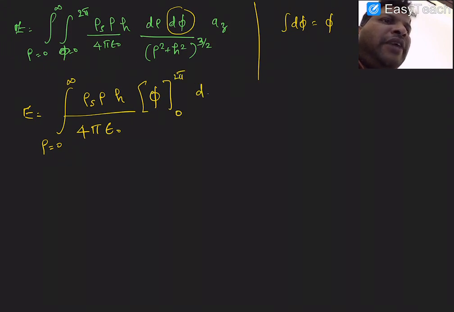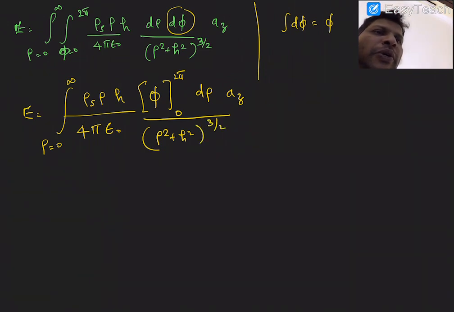Then I have remaining d rho and Az, and also rho square plus h square whole power 3 by 2. So if I put the limit, phi is equal to 2 pi and 0. So 2 pi minus 0 will be equal to 2 pi.